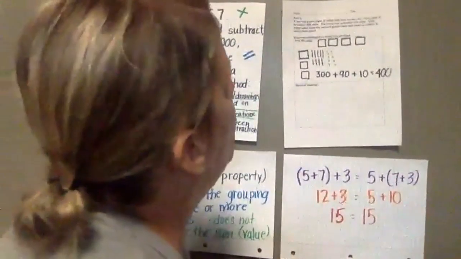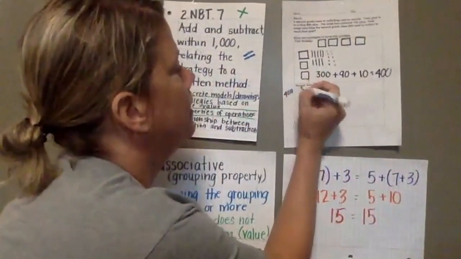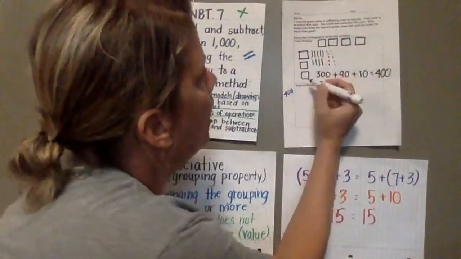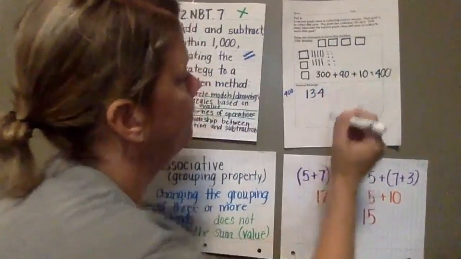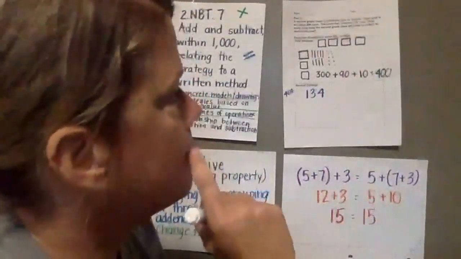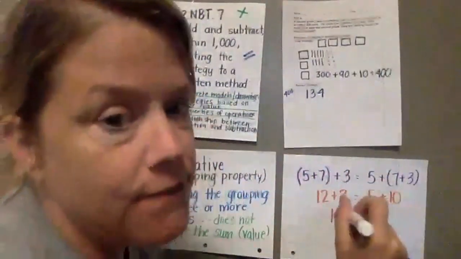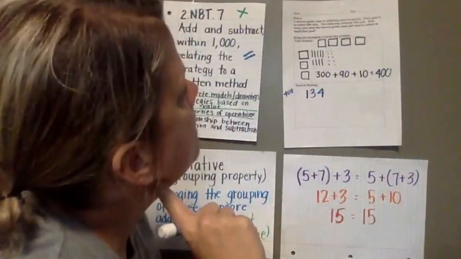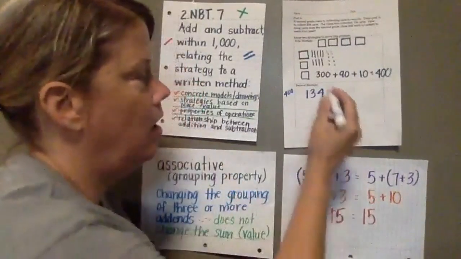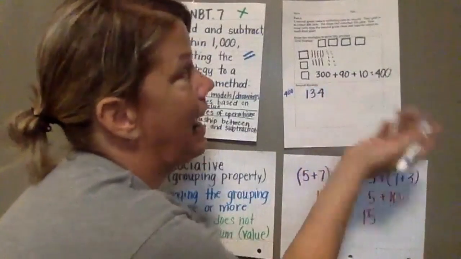So I know our goal is 400 cans, so I'm going to write that over here again. And right now I have 134 cans. Okay. So how do I take my 134 and get to 400? So basically I'm saying I have a known and I have an unknown.